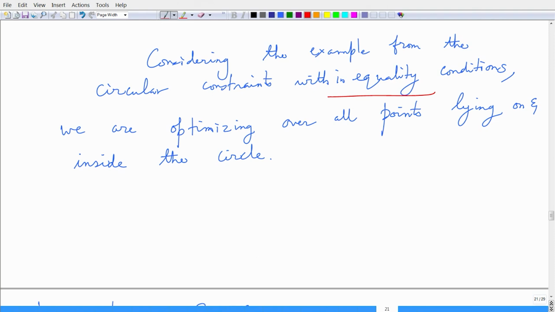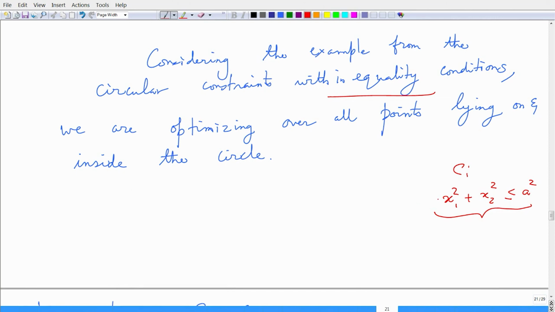So, if I look at x1 square plus x2 square less than or equal to a square, then this is an inequality constraint that is satisfying all points that are lying inside the circle.